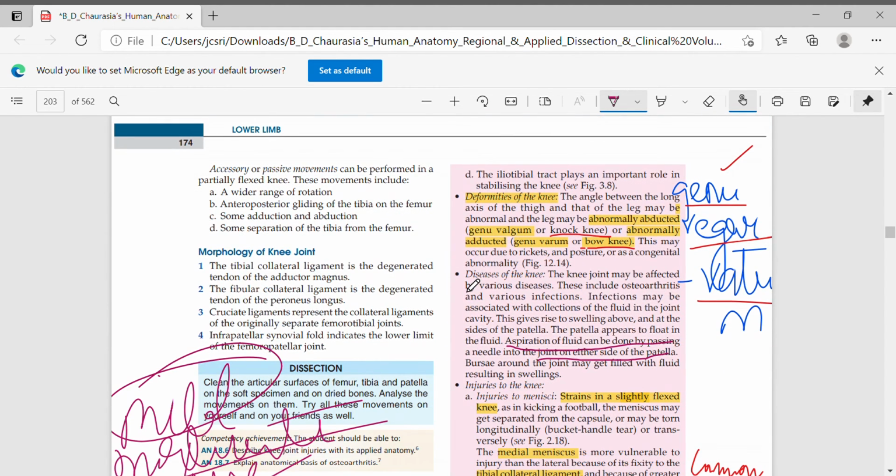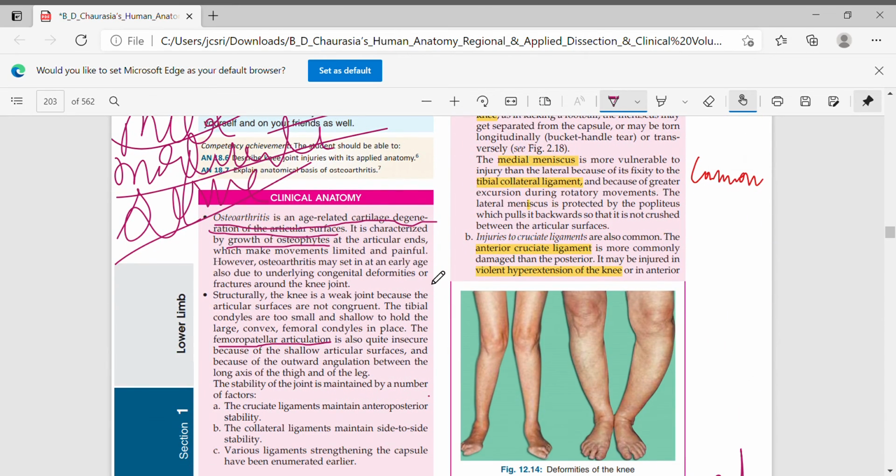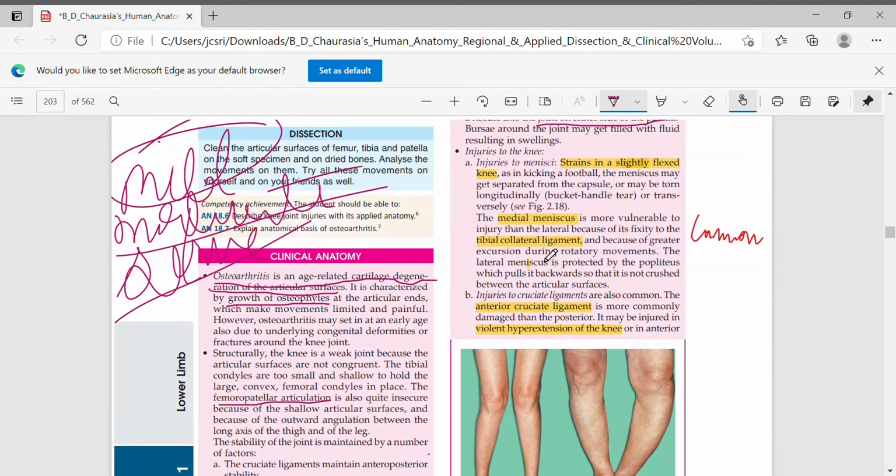Along with that, we have seen the clinical anatomy, where we learned about the inflammation of the joints and the bursae, like clergyman's knee, carpet layer's knee, housemaid's knee, and osteoarthritis and the Baker cyst, and also deformities, genu varum, genu valgum, and genu recurvatum. Thank you.